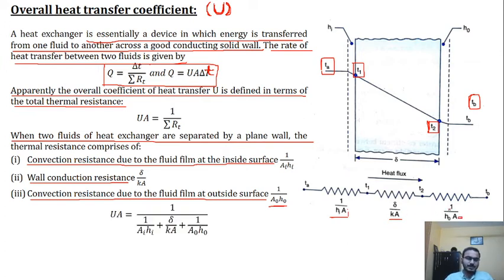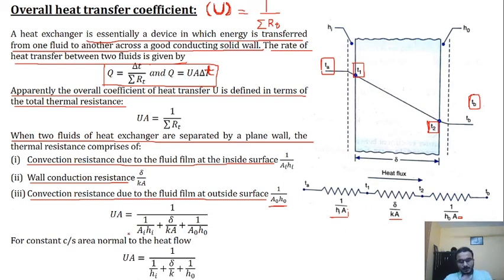So we can write it this way. As we recall, the value of U was equal to 1 divided by sigma RT, so there is a summation of these thermal resistances, and for constant cross sectional area normal to the heat flow, we can eliminate this A. So finally there should not be A present over here, only U will be there.